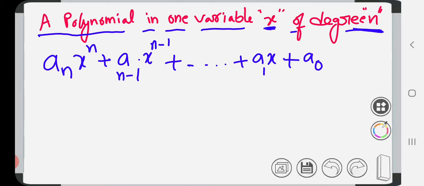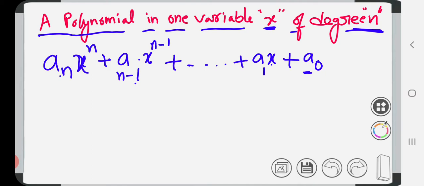If you observe, here I am writing x powers: x power n, x power n minus 1, and so on, x, and the last one has no x. So this is called the constant term.